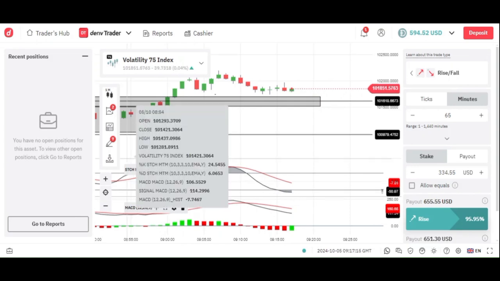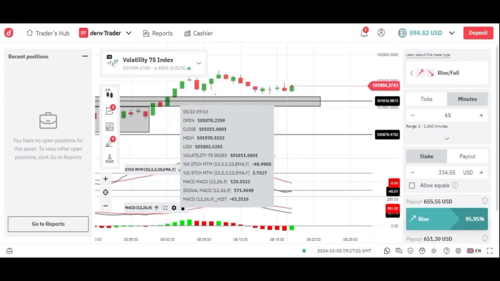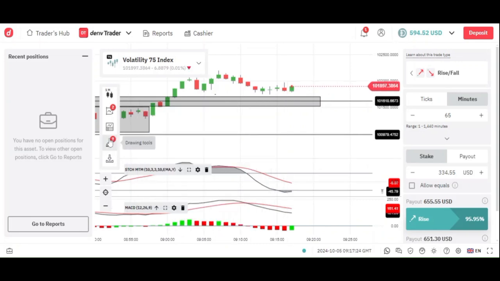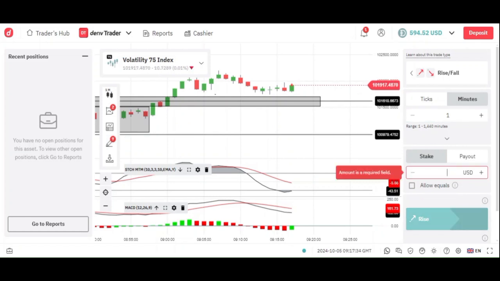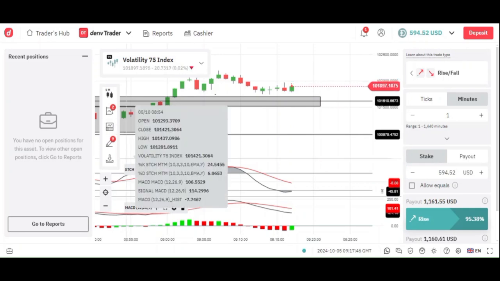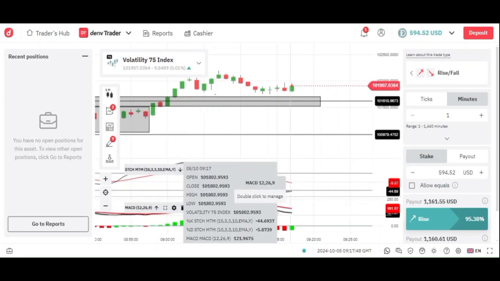So what am I aiming to look for? Whenever I see the market close, those two, you can see the stochastic has a red and a black line, and the MACD also has a red and a black line. If those two cross each other, and looking at this MACD, you can see it's separated by a straight line, with candlesticks forming on top and other candlesticks forming below.